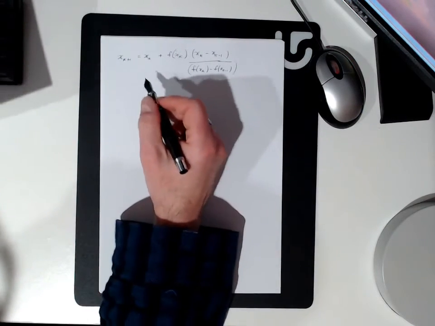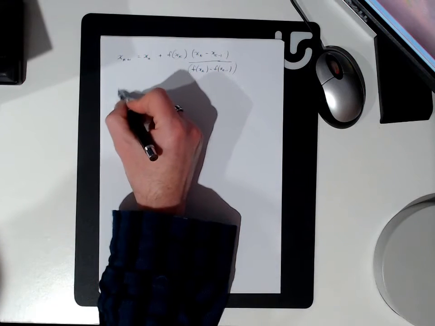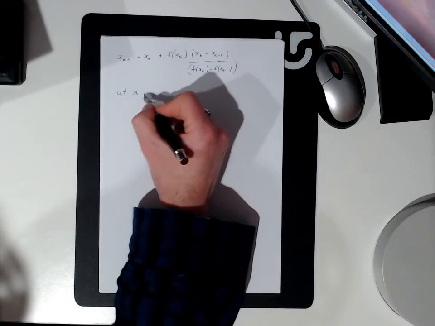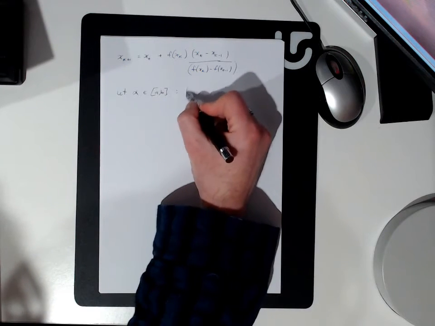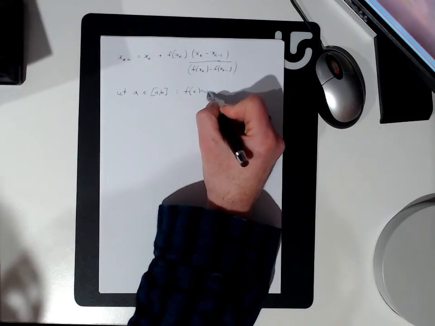Okay. Now let alpha in (a, b) be such that f of alpha equals 0.